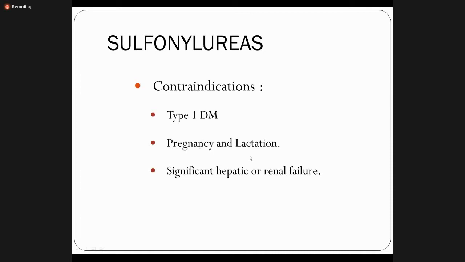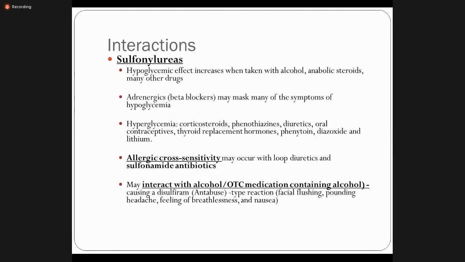Pregnancy and lactation, this also we have discussed, because it can cross the placenta, so it should be avoided during pregnancy, and it also comes into the breast milk. Significant hepatic or renal failure, right? In which there is no need to start a therapy with sulfonylureas. Drug interactions. Why are there increased chances of drug-drug interaction? The key point we have already discussed, right?